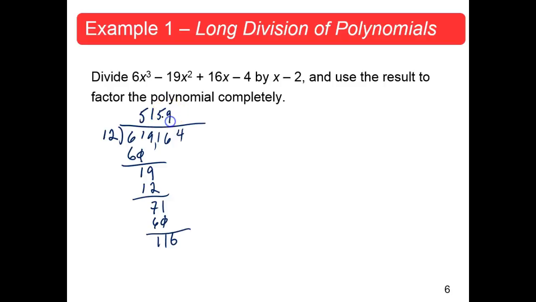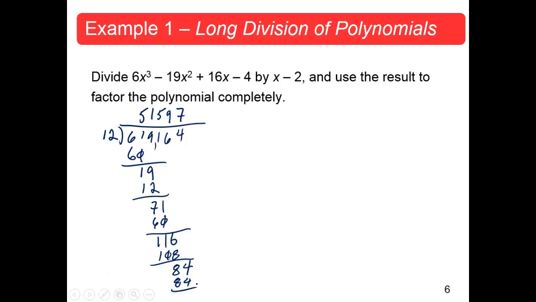Nine times, and then you do what? Multiply, and that gives you the product. And then you subtract, that gives you 8. That's less than 12. Bring down the 4. 7 times, and that gives you 84.